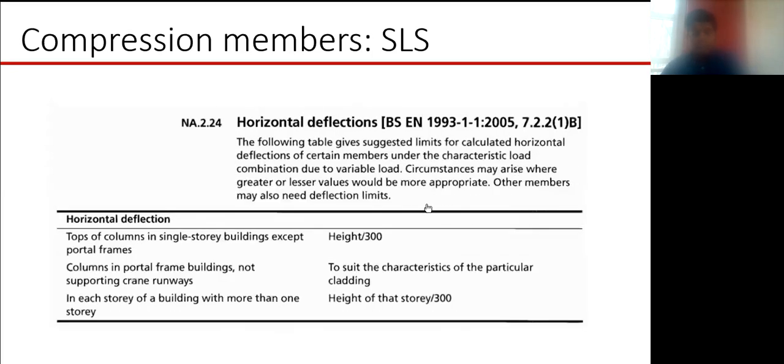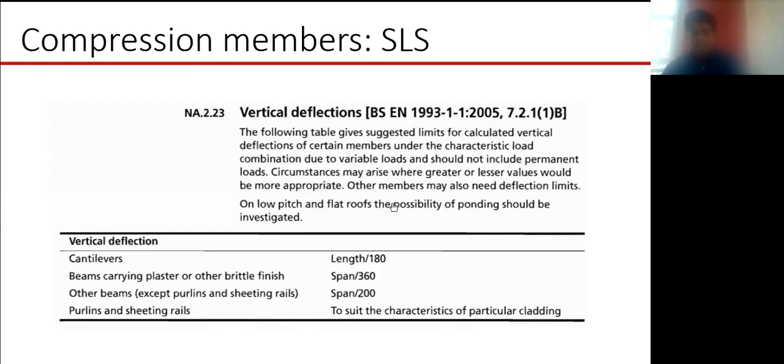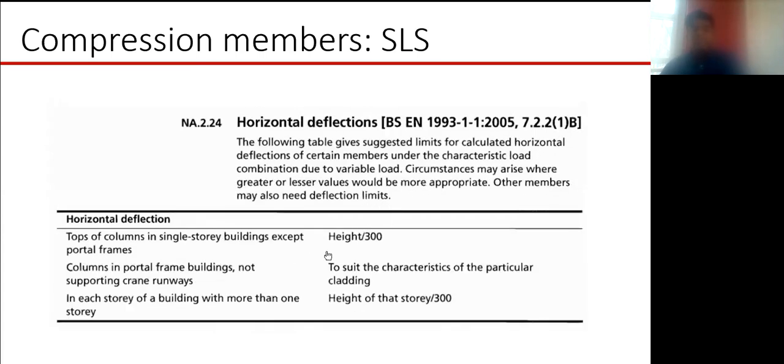This is vertical deflection. Horizontal deflection is normally height over 300. For the tops of columns in single-storey buildings, except portal frames, the horizontal deflection should not exceed height over 300. For a multi-storey building, for each storey it is the height of the storey over 300, so you can add all that to estimate the total allowable horizontal deflection.